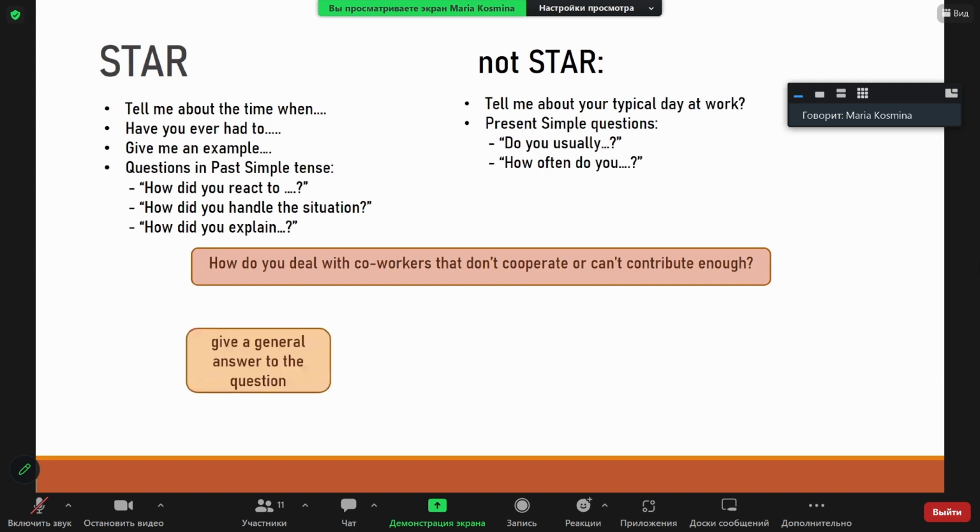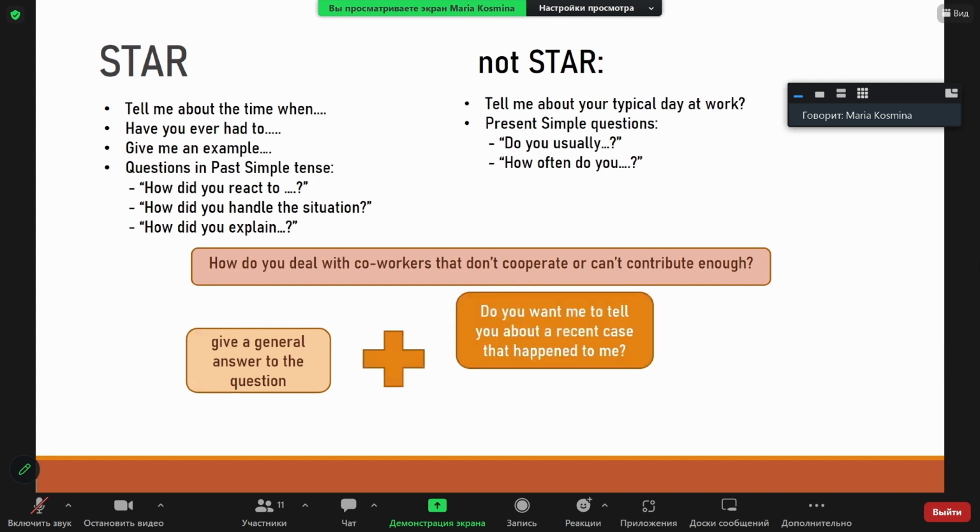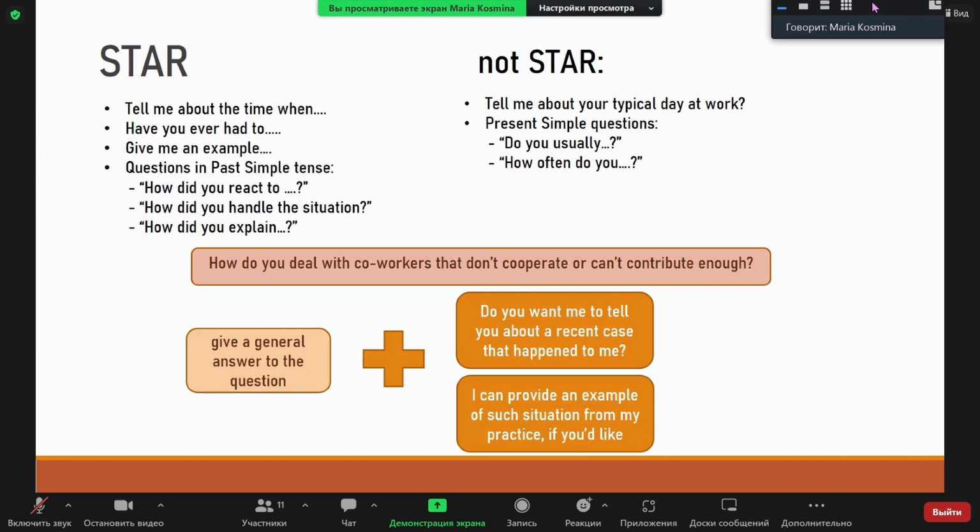What I recommend in such cases is that you still give a general answer, and then you ask a follow-up question: do you want me to tell you about a recent case that happened to me? Or, I can provide an example of such a situation from my experience if you'd like. This way you make sure that you didn't miss a STAR question, and you show that you are willing to interact with the recruiter. So, a win-win tactic.